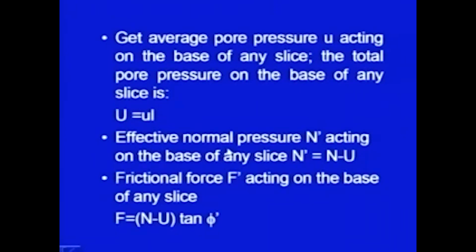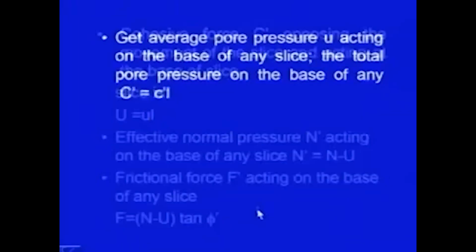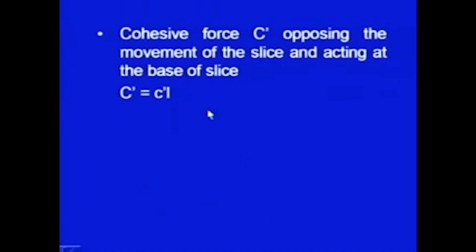Then the effective normal pressure N dash acting on the base of the slice will be equal to N minus U. The frictional force F dash acting on the base of any slice will be equal to (N minus U) tan phi dash. And also the cohesive force C dash opposing the movement of the slice and acting at the base of the slice will be C dash into l.